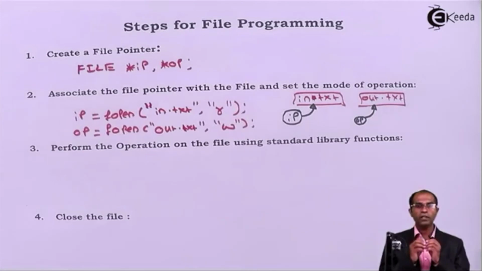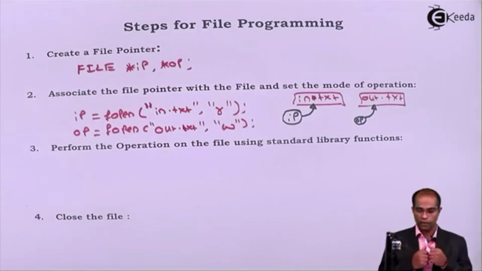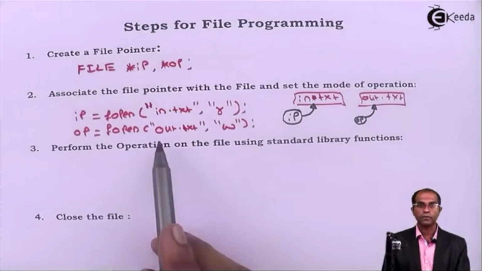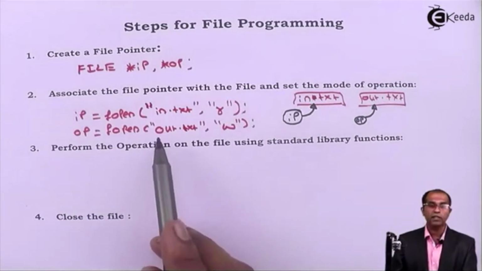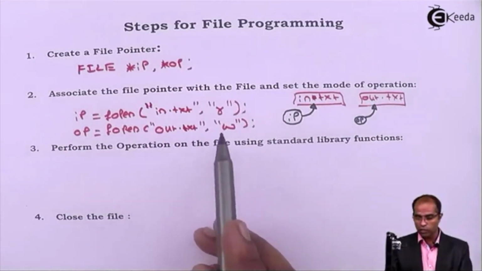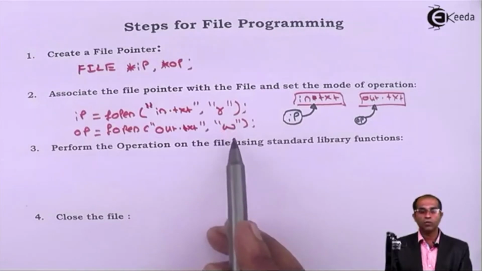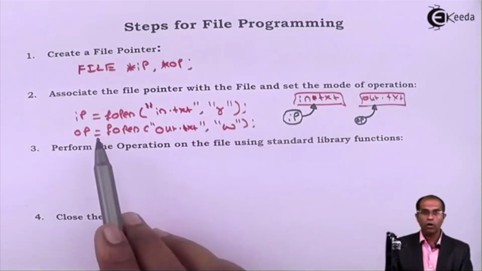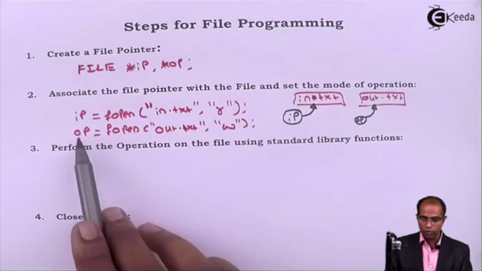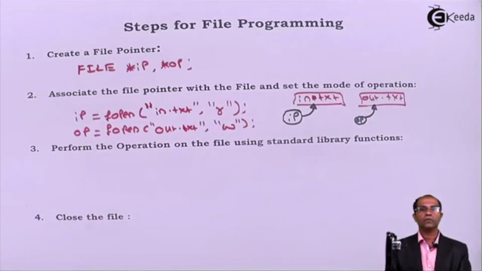If the file doesn't exist, it means that I'm trying to create a file. So assume that this file doesn't exist. I'll say out.txt. It will create a new file by the name out.txt and try to do a write operation onto the file, and allows you to store the address of that particular file.